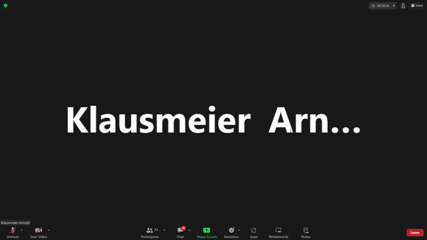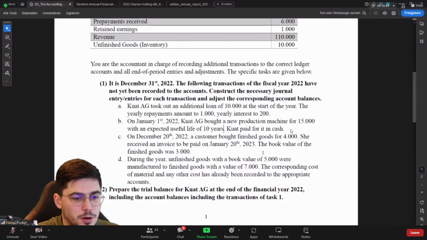Revenue sales to receivable invoice for 4,000, and decrease in finished goods to finished goods. Yes, the second one was perfect.